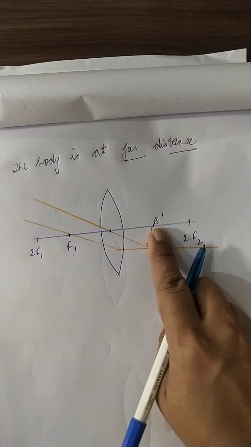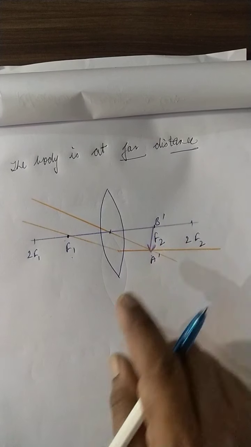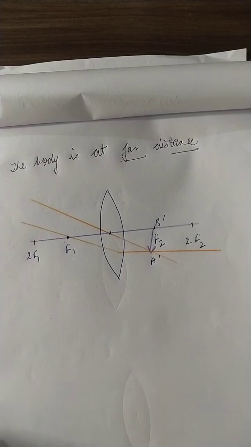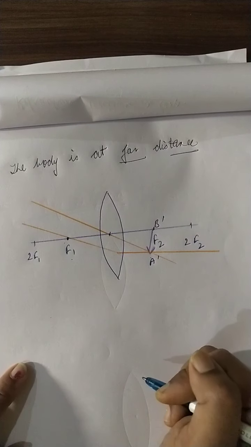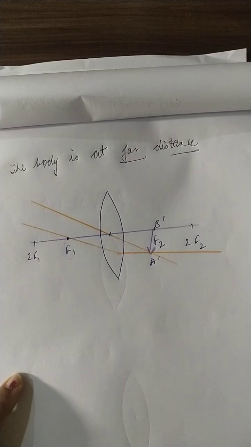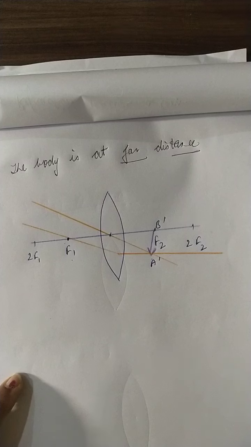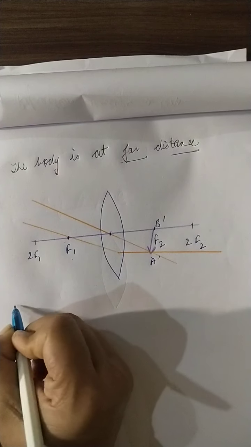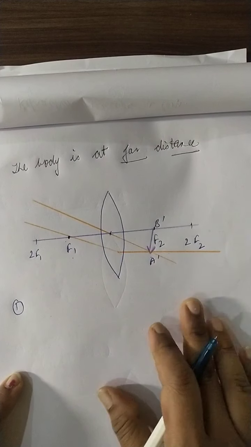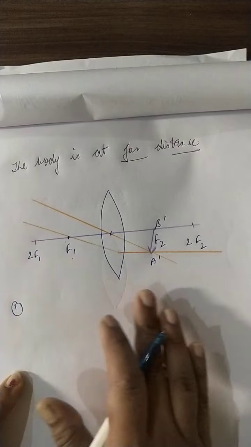and the characteristics of the image formed, I told you that it is forming real image. Convex lens forms real image. As you know that in movie theaters they are using projectors, and the image that is formed on the screen is always inverted, right? That is an example of a convex lens, right? So what are the characteristics of the image formed when the object is far away?